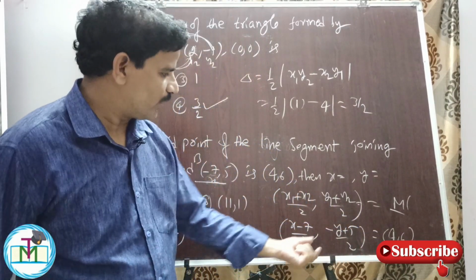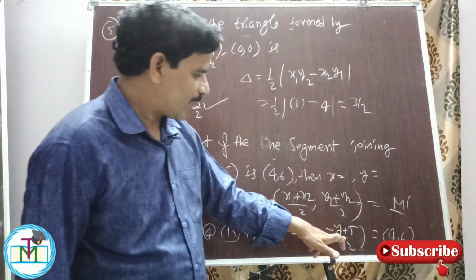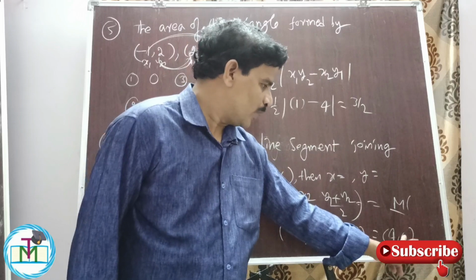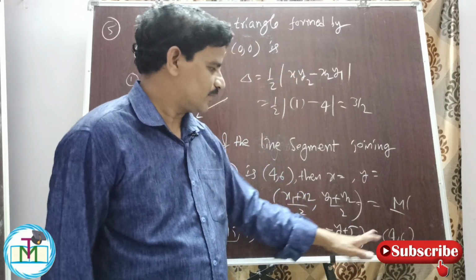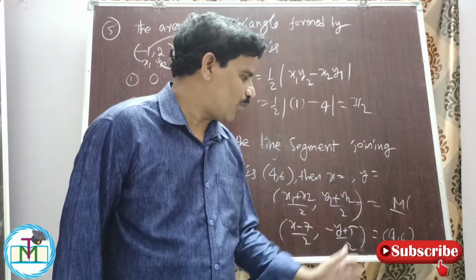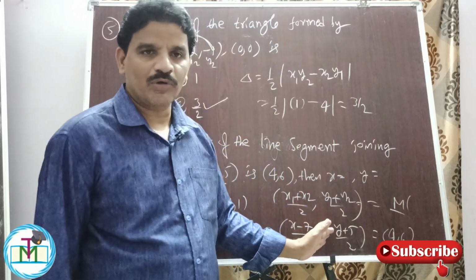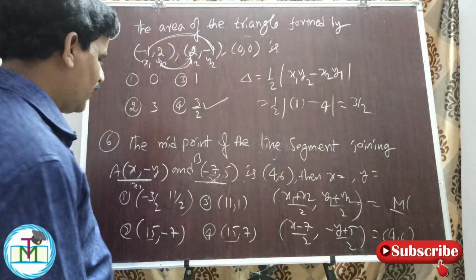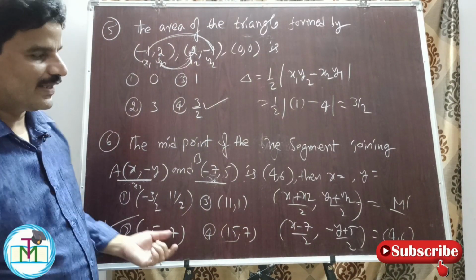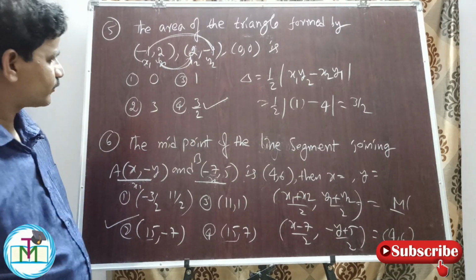I am equating y coordinates, this and this. By cross multiplication 2 goes that side and becomes 2 into 6, 12. So when 12 comes this side, and minus y goes that side, y becomes positive. So when 12 comes this side, it becomes minus 12 plus 5, which is minus 7. Option 2, 15 comma minus 7 is the right answer.